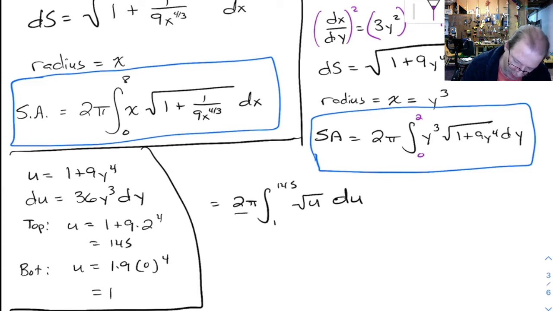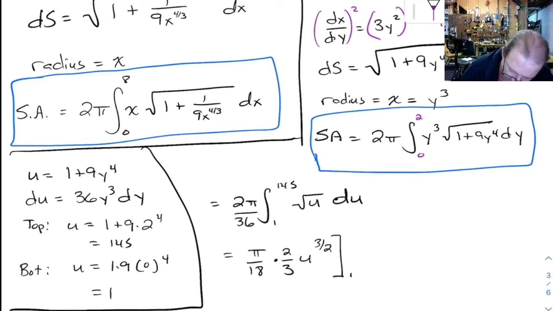I'm going to put the du there and the 36 out front. So I get pi over 18. When I integrate the u, I get u to the 3/2 with the 2/3 on the front, from 1 to 145.